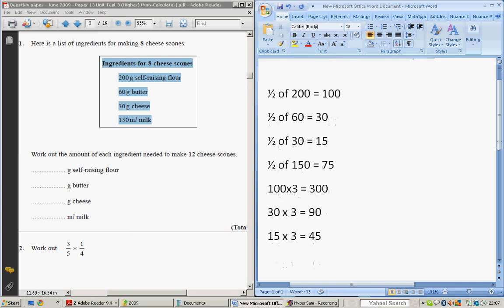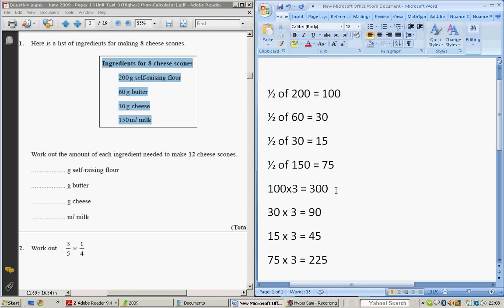And 75 times 3 equals 75, 150, 200, 225. Okay, so that's the amount of each ingredient needed to make 12 cheese scones.